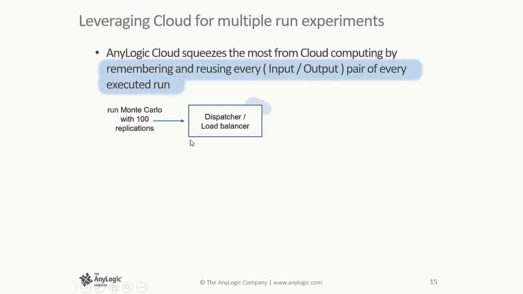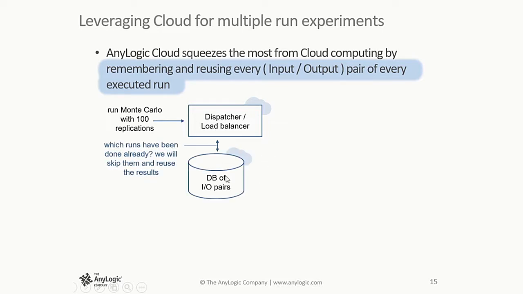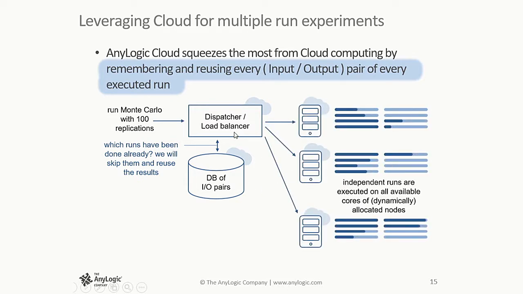So what actually happens? Let's say you run a Monte Carlo with 100 replications. The first time, it goes to the load balancer, which is connected to this database of I/O pairs. Then, if nothing is found, the new experiment will run in the cloud nodes.